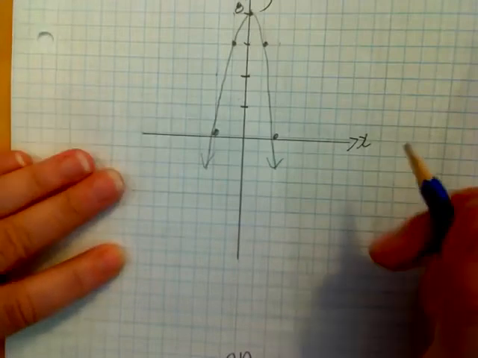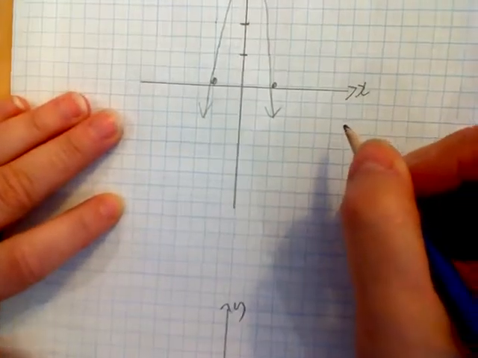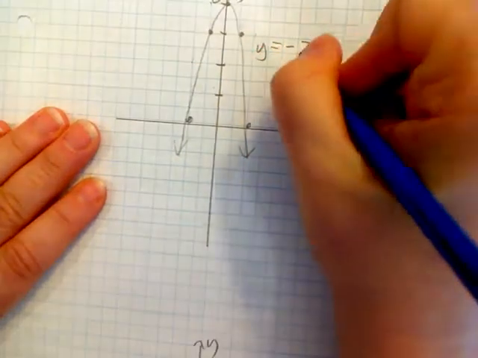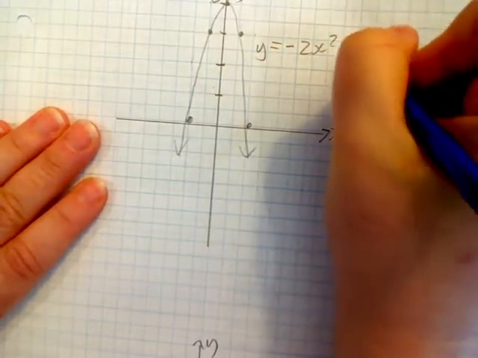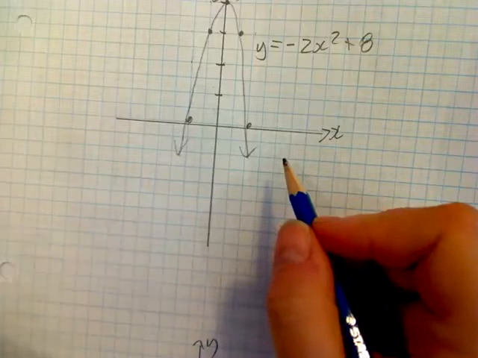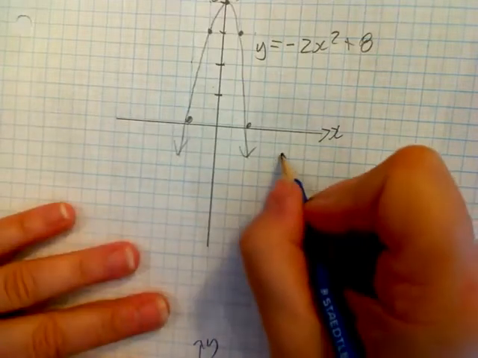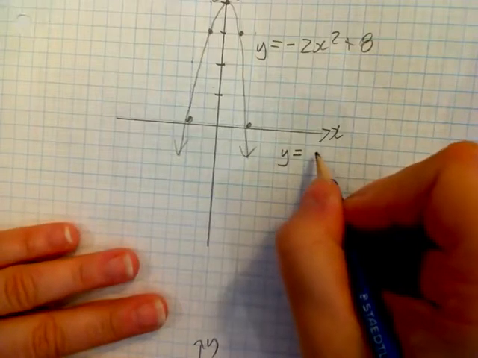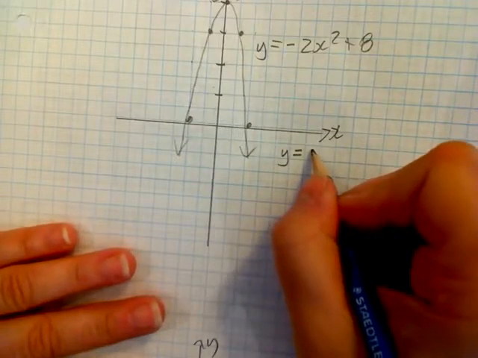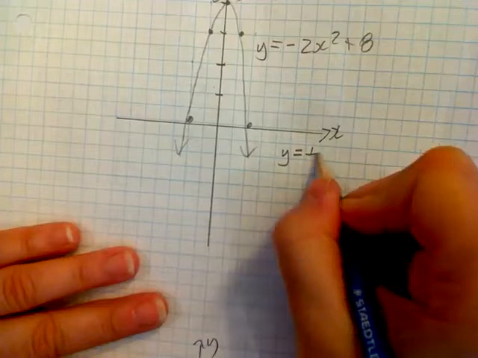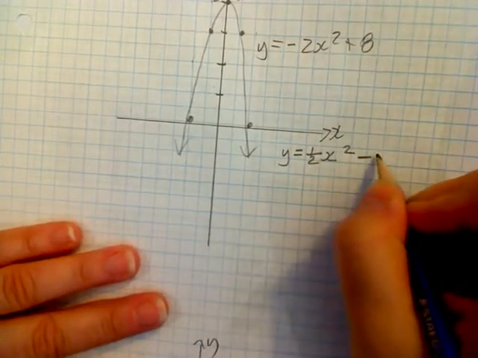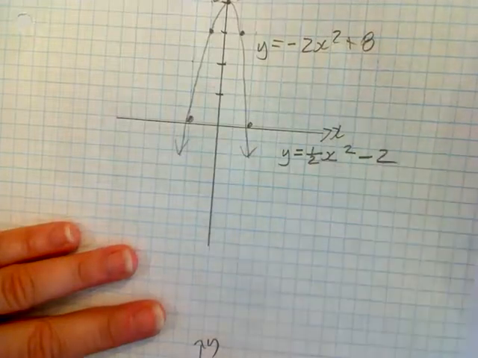So let's do another one right here on this grid. Sorry, I forgot to write down the equation beside the graph. How about we do y equals 1/2 x squared minus 2.